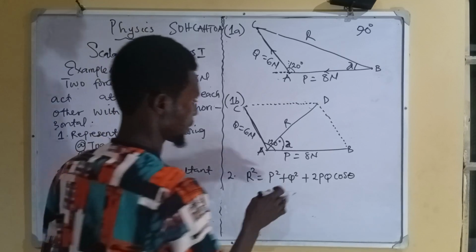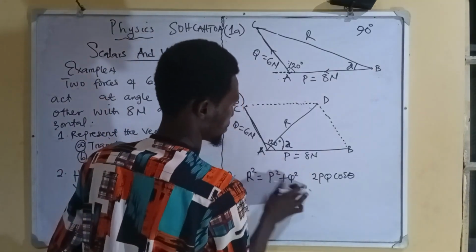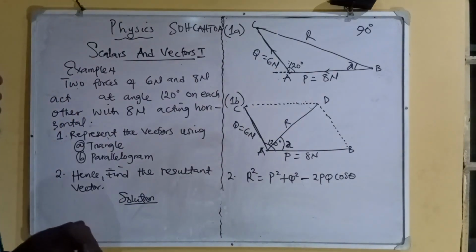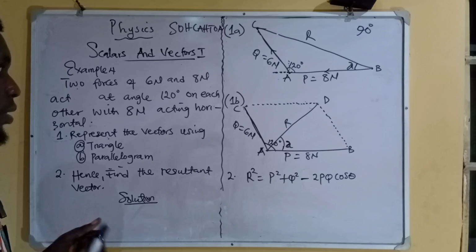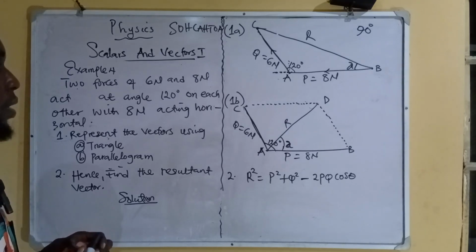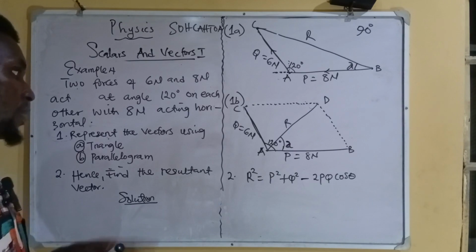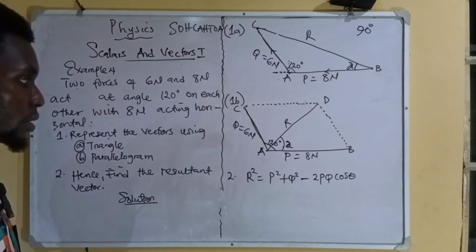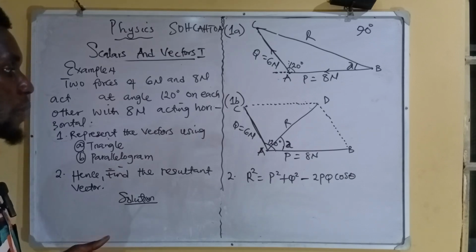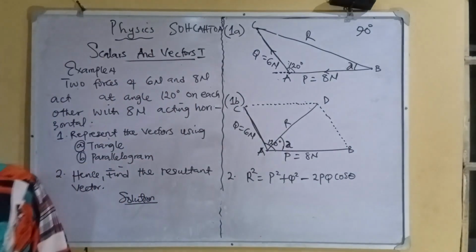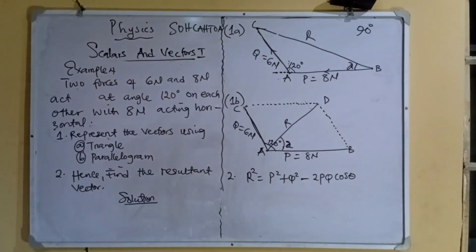I will always advise you to put minus there and use the normal cosine rule.